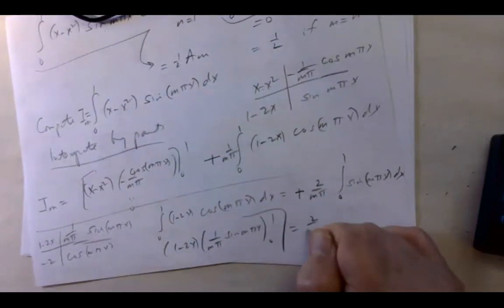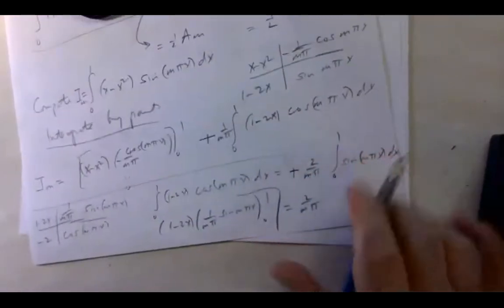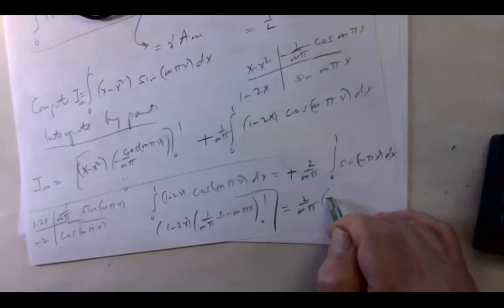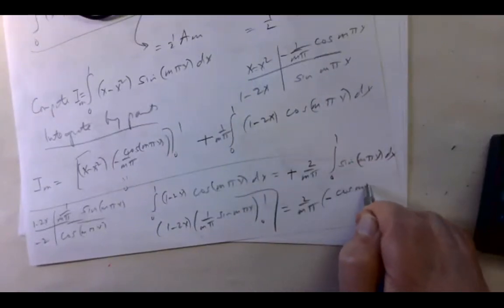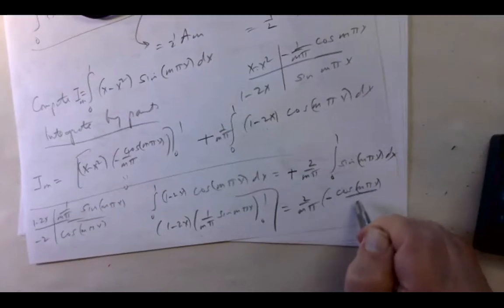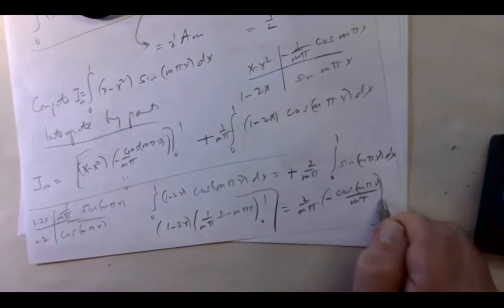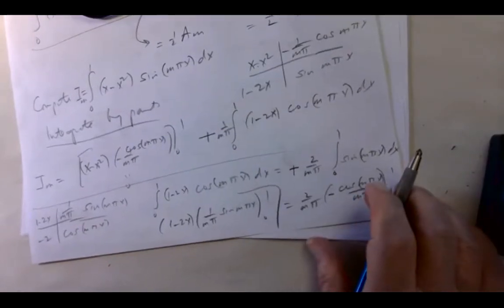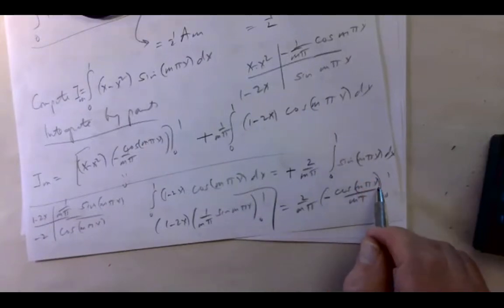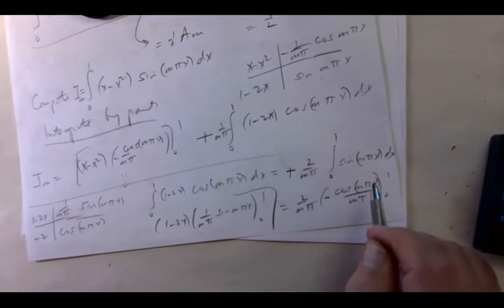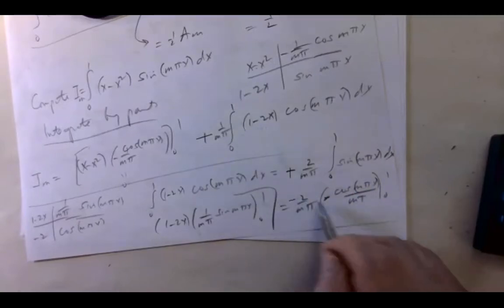That's equal to 2 over m pi, minus cosine m pi x over m pi from 0 to 1. When x is 1, let me take the minus sign outside.